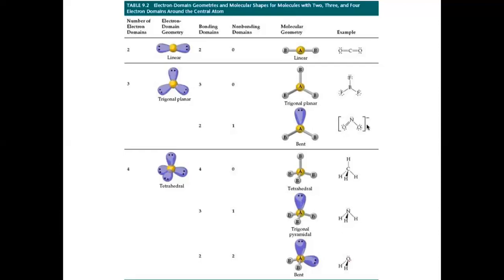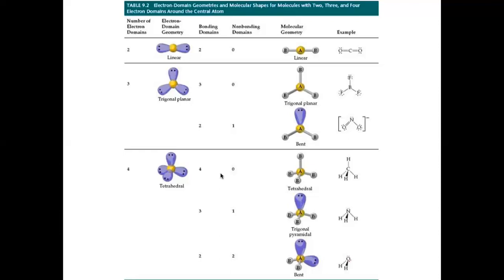These are our bonding domains here, but we also have this lone pair of non-bonding electrons, and we still need to make sure that they're as far away as possible from these electrons here. So we have something similar to a trigonal planar shape, but instead of having a bonding domain at the top, we have this lone pair of electrons. This is called a bent molecular geometry. If we did have bonds here, we would have a trigonal planar.